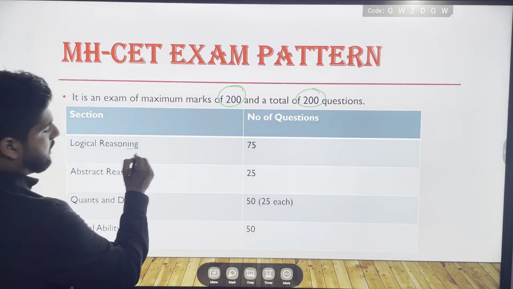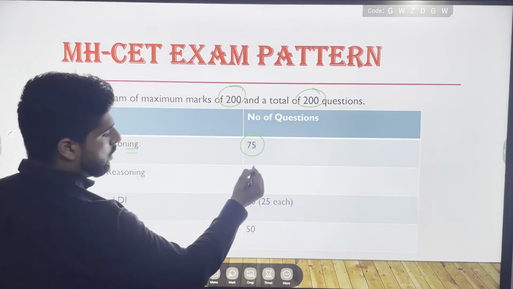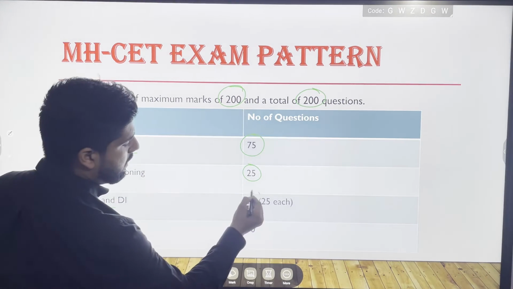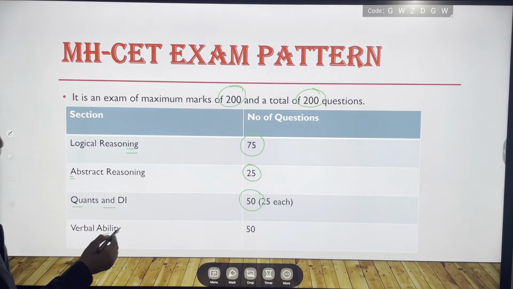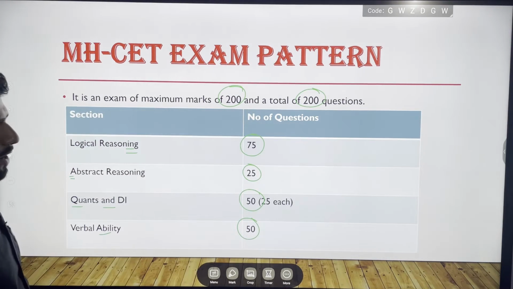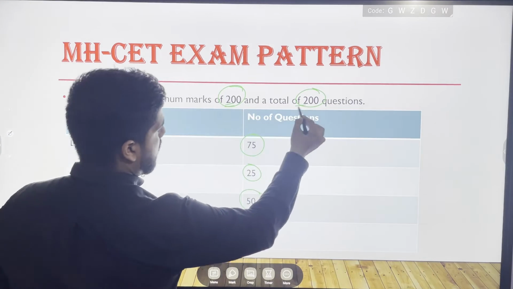In logical reasoning, you will get 75 questions. In abstract reasoning, 25 questions. Quants and DI, 25 each, meaning 50 questions. In verbal ability, 50 questions. So yes, 75, 25, 50 and 50. So total 200 questions of 200 marks.